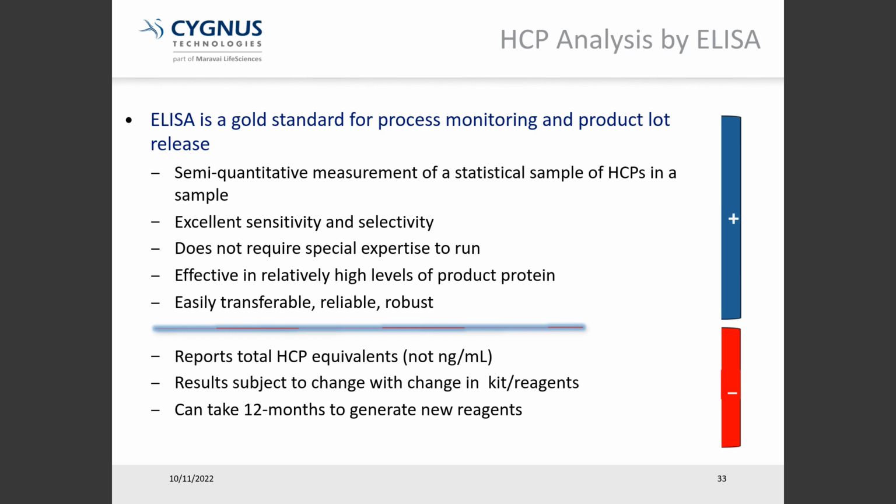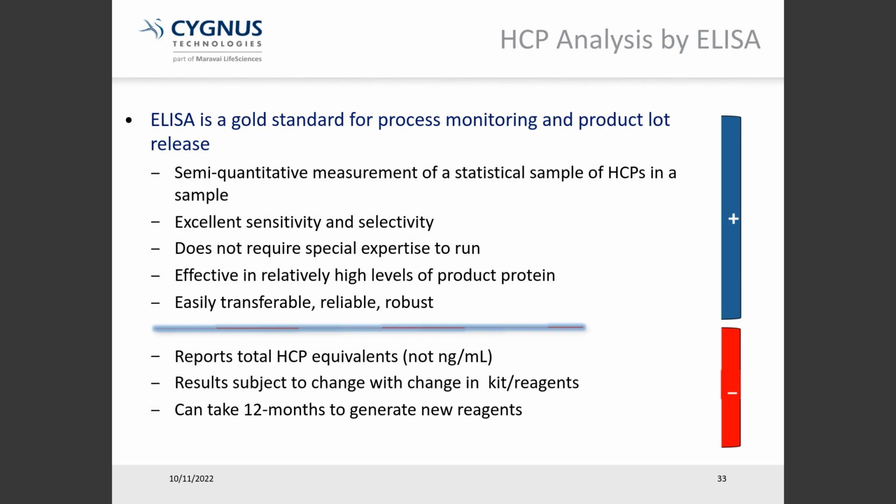Now, the ELISA does have some limitations, just as any method that we use for host cell proteins. And the first is that we're not actually measuring nanogram per mil of host cell protein. That's what we call it. It keeps it simple for everybody. But really, we're measuring host cell protein equivalents. And when I say that, what I mean is that, again, there's hundreds to thousands of host cell proteins in these wells or in these samples, and you can't actually measure each of them individually and get a total using these antibodies.